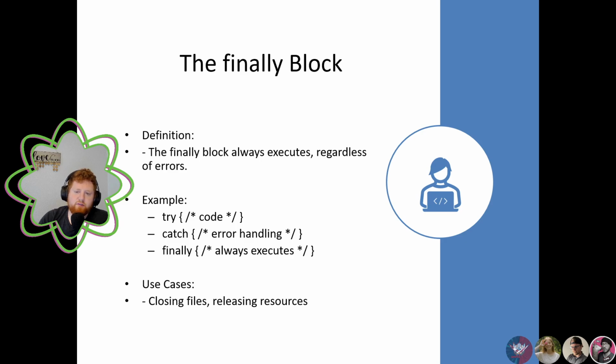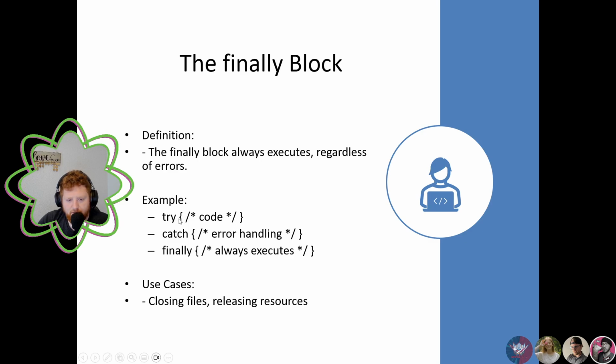All right, the finally block, which we talked about. You would do try, catch, finally, and finally always executes. Finally is primarily used for closing stuff. So let's say you open a file, like you're editing a text document and you open it up and you're writing inside of it. You need to close it for it to work properly.